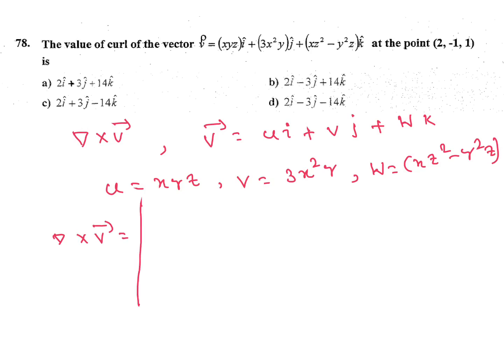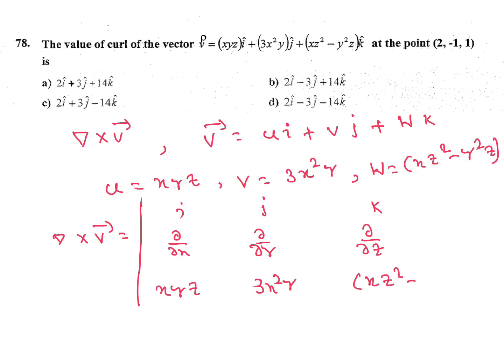I, j and k, del by del x, del by del y, del by del z. U is x y z, V is 3 x square y and w is x z square minus y square z.